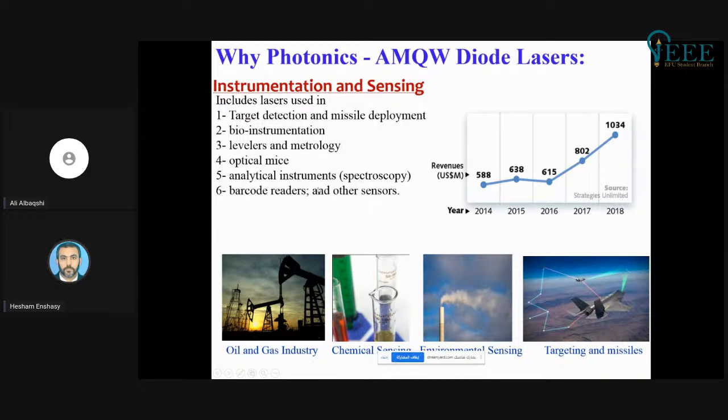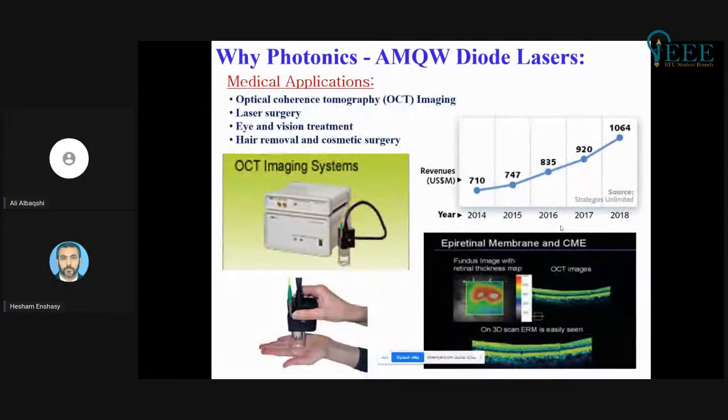And for example, in the market, you need barcoding, readers, and other sensors for environmental sensing. All of that comes into the instrumentation and sensing industry, and this is around a $1 billion market share.